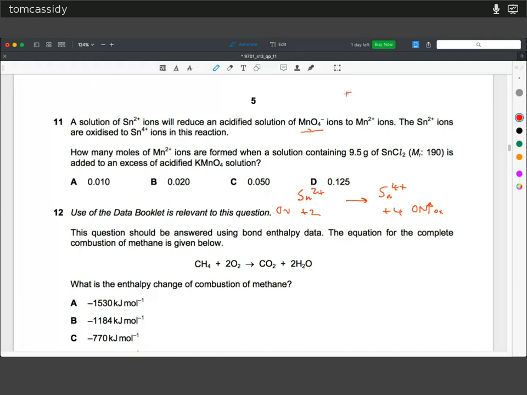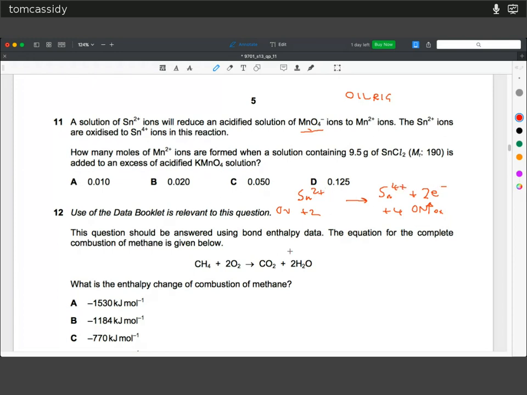And you need to know the mnemonic OIL RIG, meaning oxidation is loss of electrons, reduction is gain of electrons. Now this is oxidation, it's a loss of electrons, so the electrons are going to go on this side of the equation, and they go there, all right? And because we're going from 2+ to 4+, to balance the equation, we have two negative charges there. And you look at each side of the equation, and you can see both sides have the same charge. 2+ there, 4+, 2-, overall 2+.